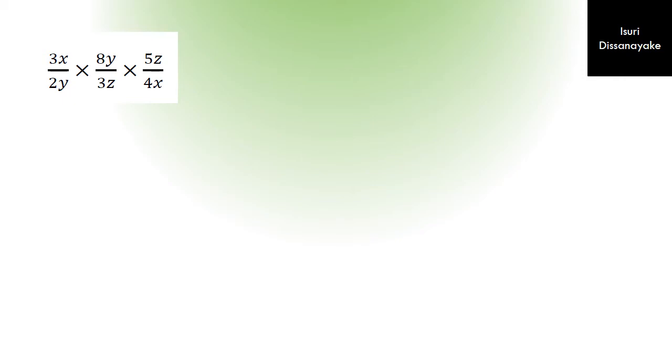So in this sum, you have to divide 3x by 2y and multiply 8y by 3z and multiply 5z divided by 4x. So you know when you multiply fractions, you can simplify it to the lowest terms. I will cancel x with x, y with y, and z with z.